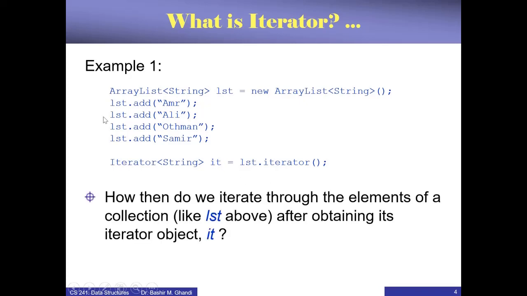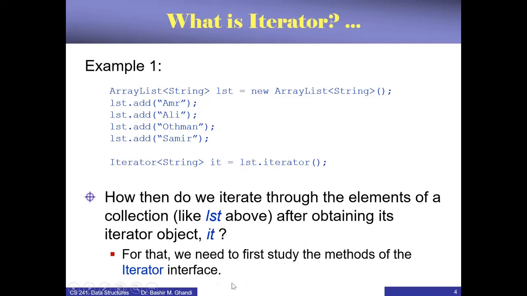Okay, so that's the question here. How then can we iterate through the elements of a collection like the lst we have above after obtaining its iterator? The iterator object is it. How do we use it to iterate through the elements of lst?